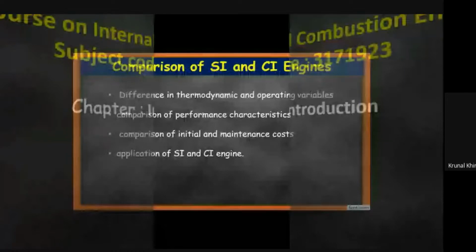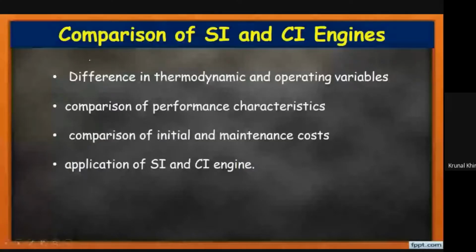As per the curriculum of GTU, the chapter is comparison of SI and CI engine, and we have to compare the SI and CI engines based on the given points. The first point is the difference in thermodynamics and operating variables. The second point is performance characteristics.